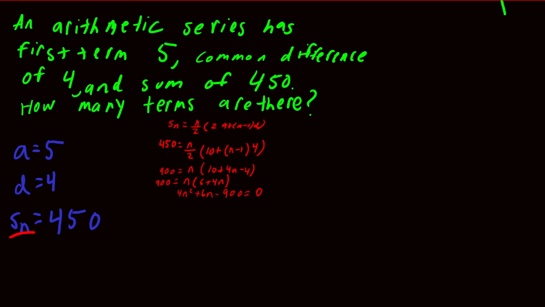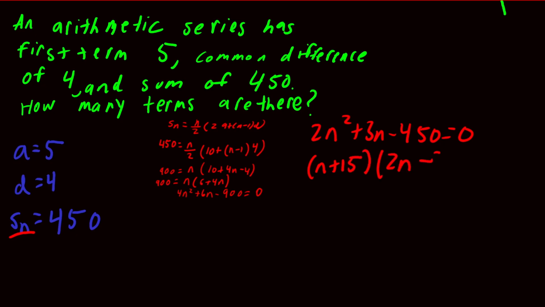Okay, I shrunk it down. Now, the next step I'm going to want to do, I'm going to divide both sides by 2, right? So I'm going to get 2n squared plus 3n minus 450 equals 0. And if I factor out, I'm going to get n plus 15 times 2n minus 27 equals 0. So I get n equals negative 15, okay, or n equals 27 over 2.